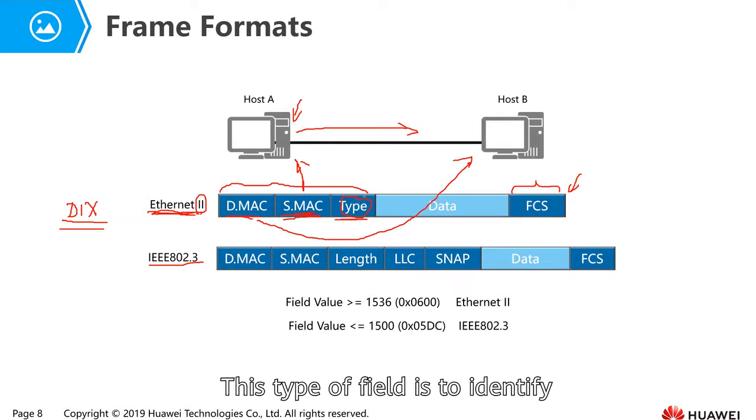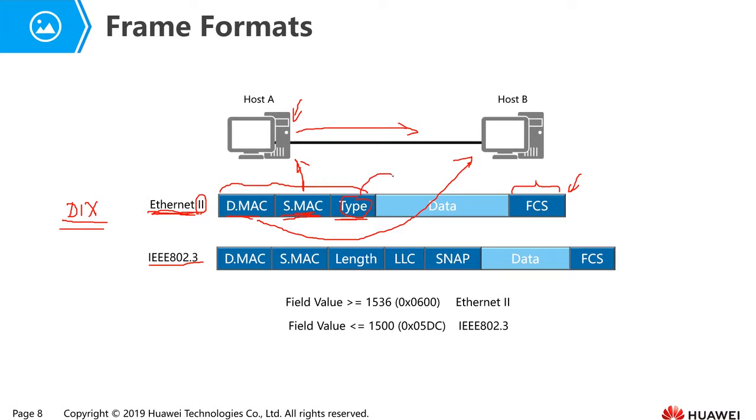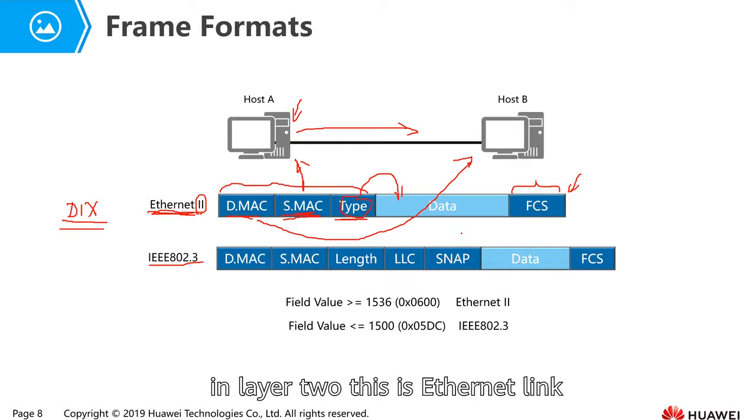Then the type field. This type field identifies what data is contained in the upper layer. As we know, in layer 2 this is the Ethernet link, so the physical device will know this is an Ethernet network. But what is carried in the Ethernet?